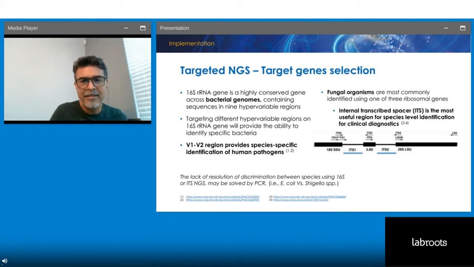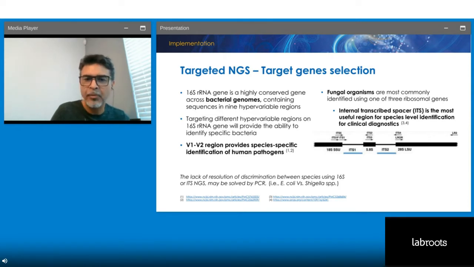The best example is E. coli and Shigella. Those two organisms are very similar genetically, and some of the sequences are unable to differentiate these two species. So the way to differentiate them is to develop a set of primers that can be used not only as a quality assurance process, but also to differentiate between closely related species where NGS is most technically challenged.